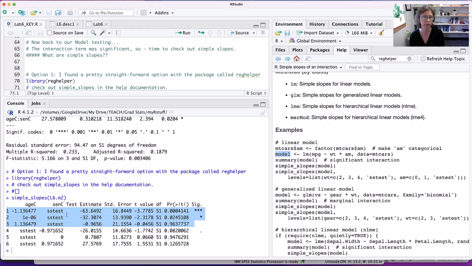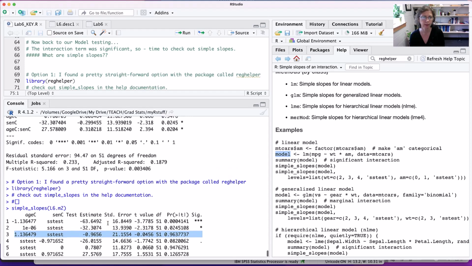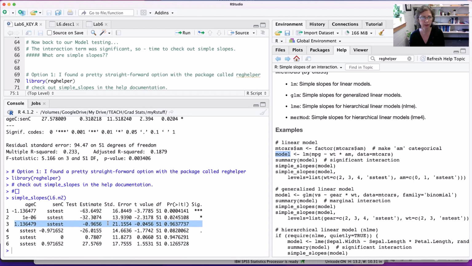Also, when age was average, the middle one, there was a significant relationship between seniority and job sat. But when age was high, there was no significant relationship between seniority and job sat. So I felt that one's pretty straightforward.